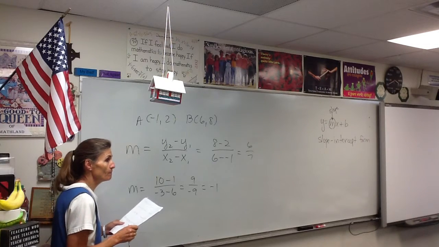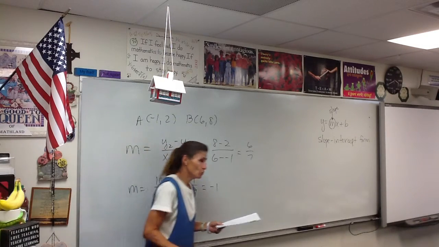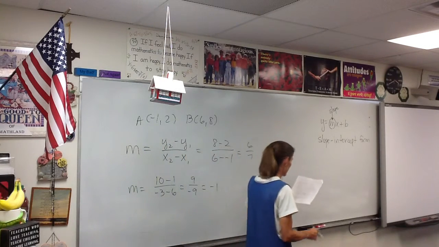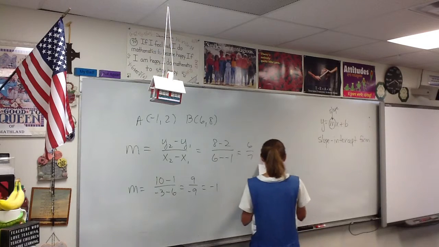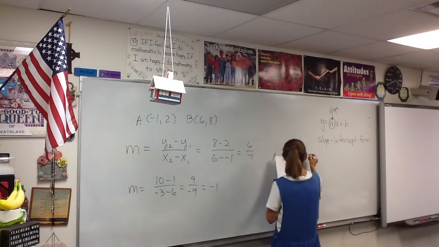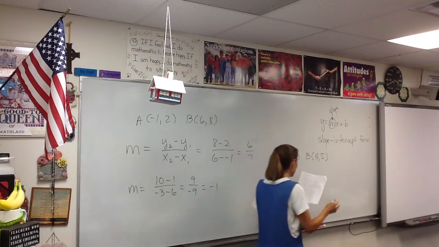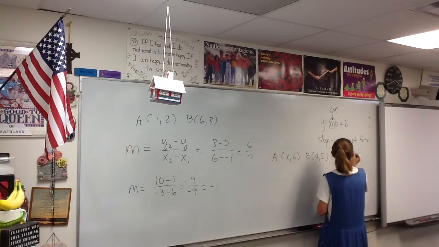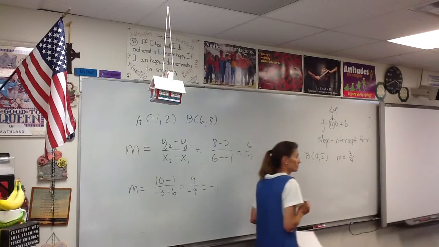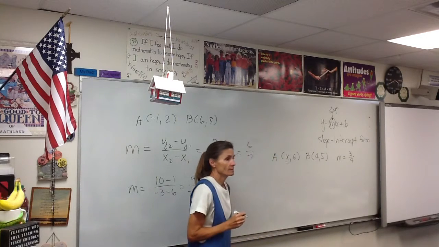Everybody got a negative 1? Awesome. Okay, good. Now, number 2 is a little bit trickier. It says you have these 2 points, and we know that the slope is 3/4. So you have to figure out what that missing coordinate is.